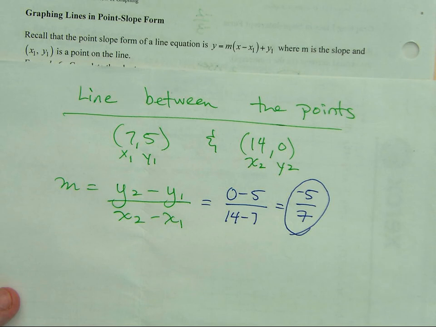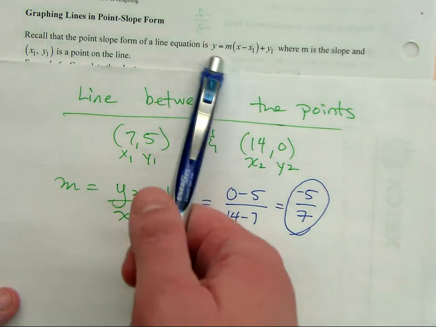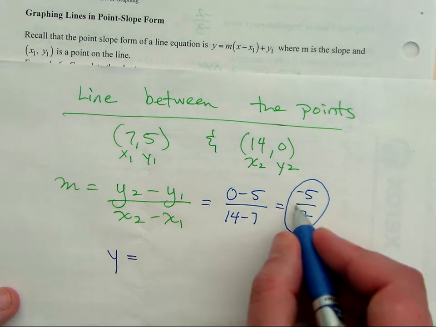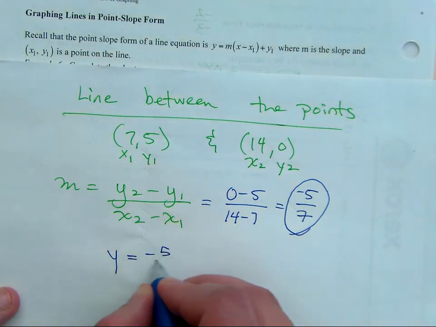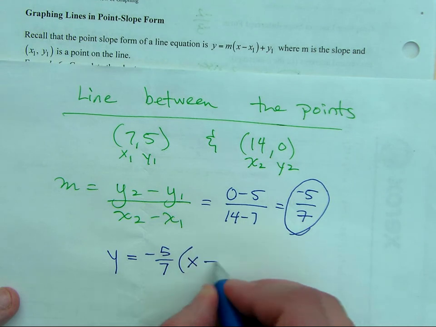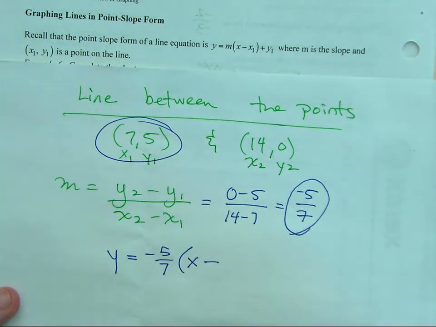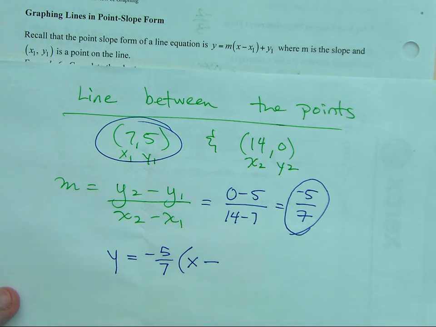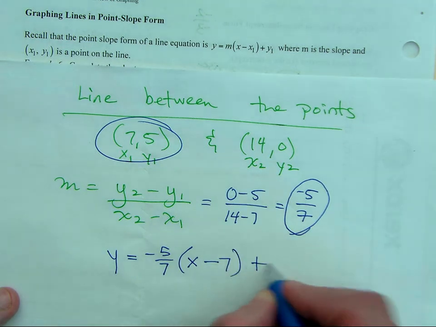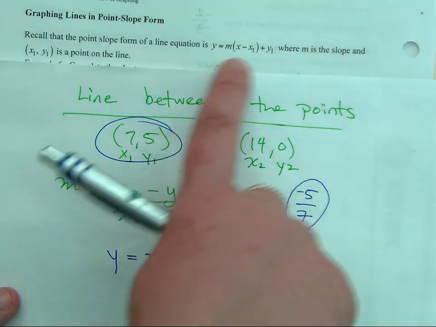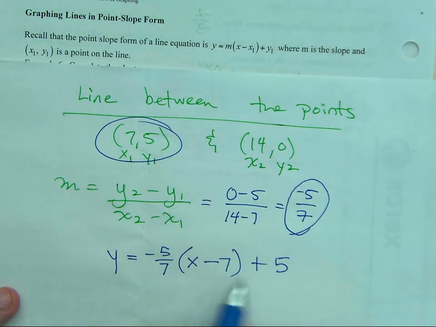So if I wanted to turn this into the point slope form, I would just go y equals my m that I just calculated, and then I have x minus, I can use any point. I could use this one or I could use this one. Doesn't matter which one. But I would go (x minus 7) plus 5. Does everybody see where I got that? Because I'm plugging the x and the y into my formula.